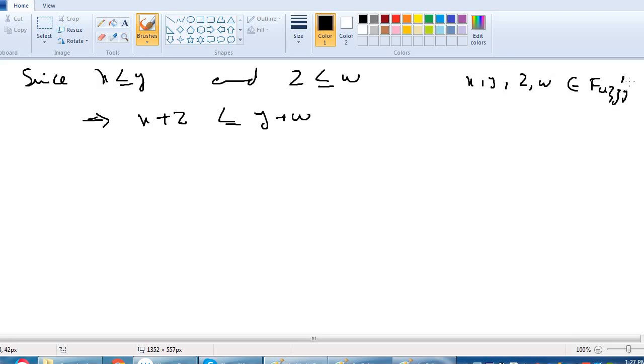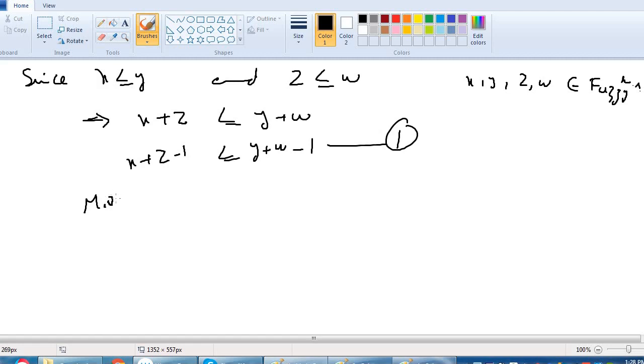If these are fuzzy numbers, then all these four numbers are between 0 and 1. Their value cannot be more than 1 or less than 0. That means these numbers cannot be negative or greater than 1. If we subtract 1 on both sides, we will get x plus z minus 1 is less than or equal to y plus w minus 1. This is our equation number 1.